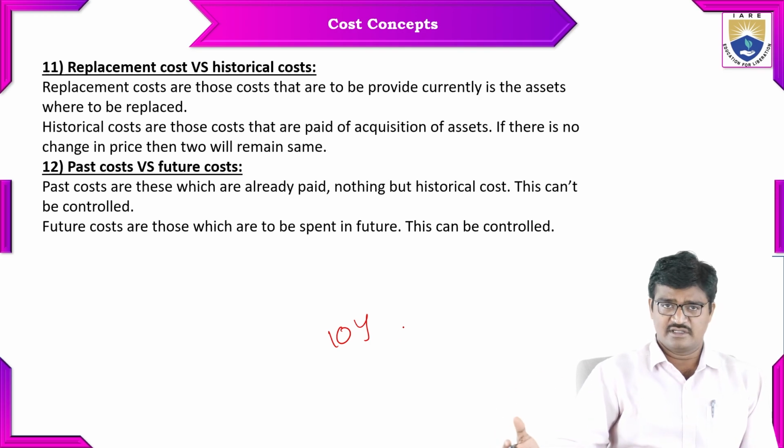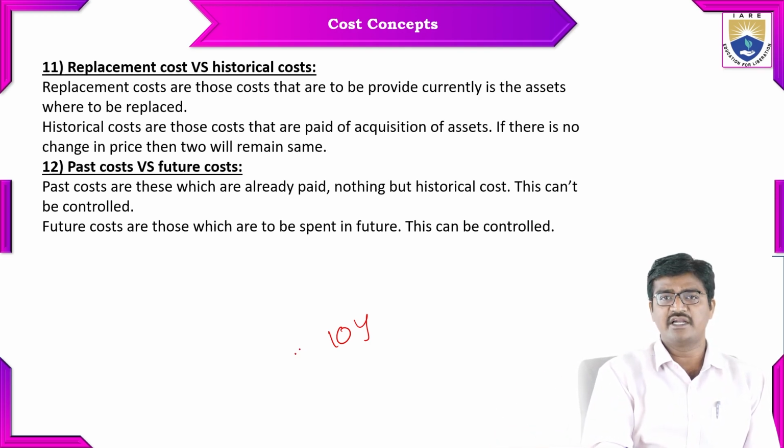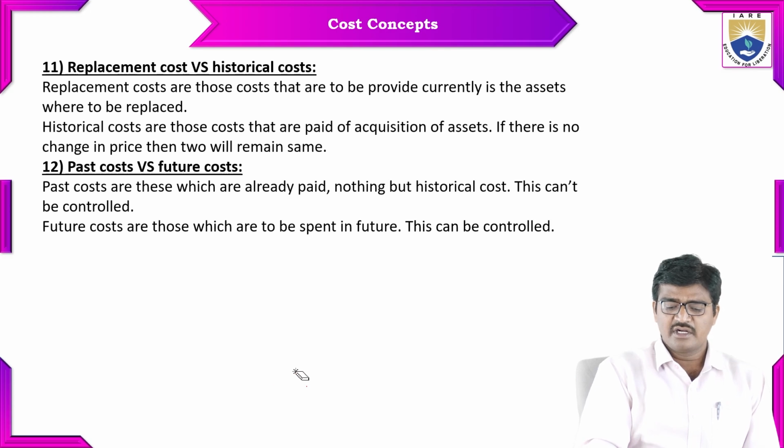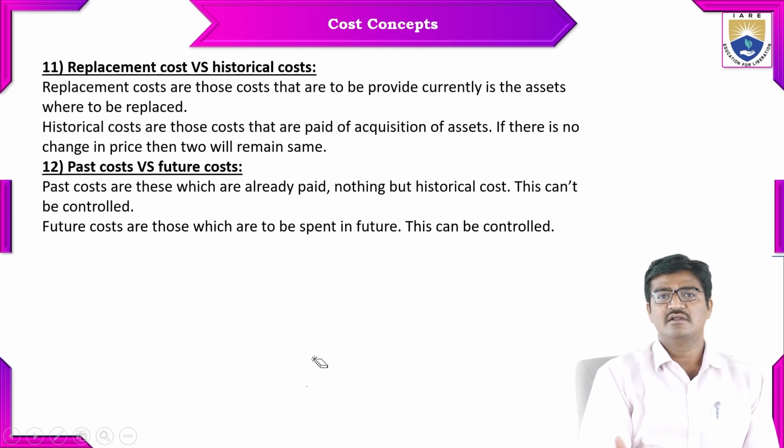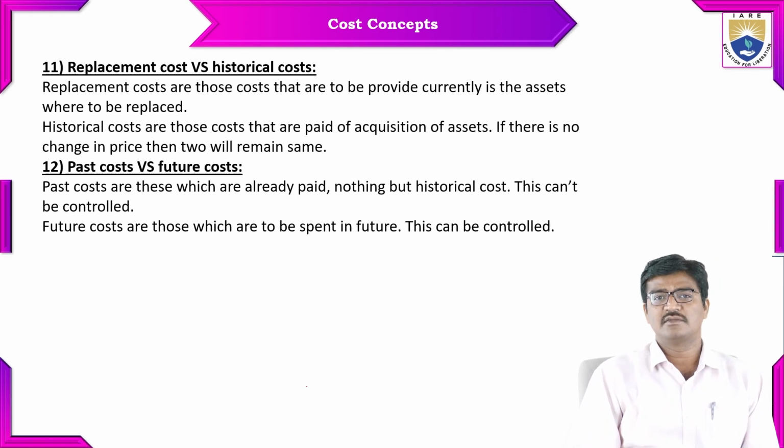Means within the next 10 years, you have to purchase a machinery. This is the cost relating to the future. That's why it is called future cost. And recently you have purchased a machinery, that is related to the past. And recently you have purchased furniture. So all these are past costs.